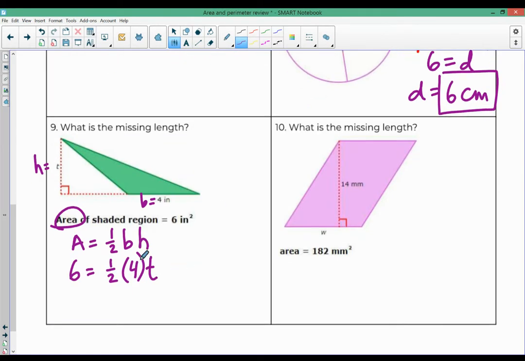So now our goal is to figure out what t is, solve for t. So I know 1/2 of 4 is 2. So I'll simplify that. 6 equals 2t. So to figure out the value of t, I have to divide both sides by 2, leaving us with 6 divided by 2, which is 3.